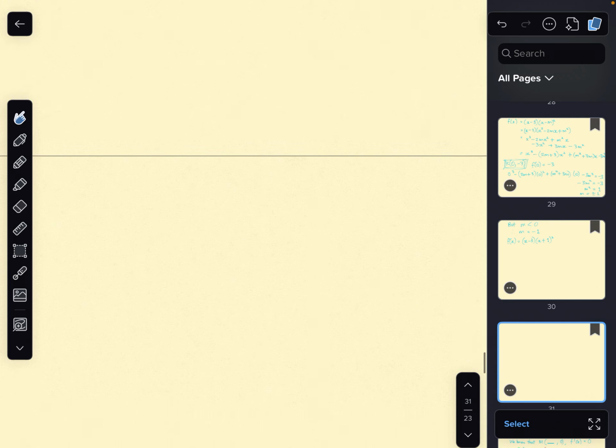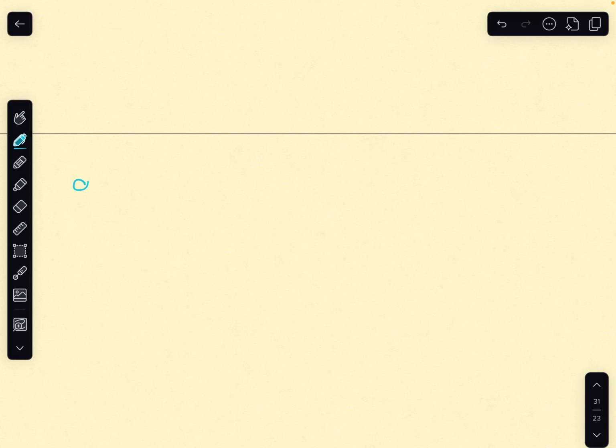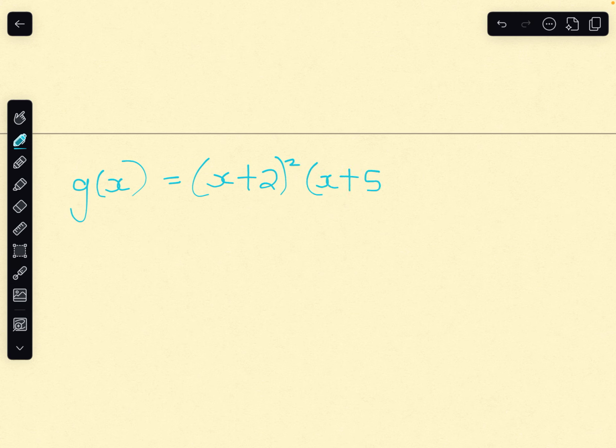So let's say we have, and we'll make it nice, some other cubic function, x plus 2 squared times x plus 5 versus x plus 2 times x plus 5 squared.